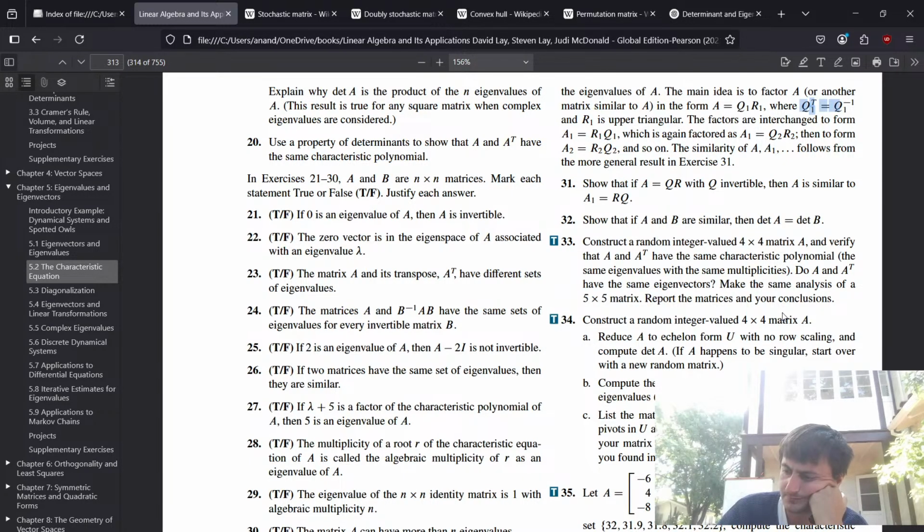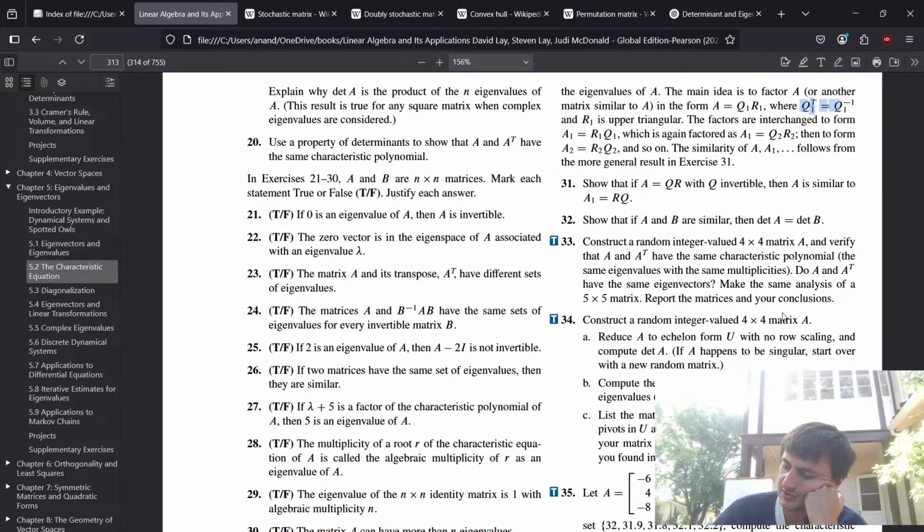Oh, you know what, actually? Wait, we have QR is equal to RQ. Let's multiply both sides on the left by Q inverse. So we get Q inverse QR is equal to Q inverse RQ.